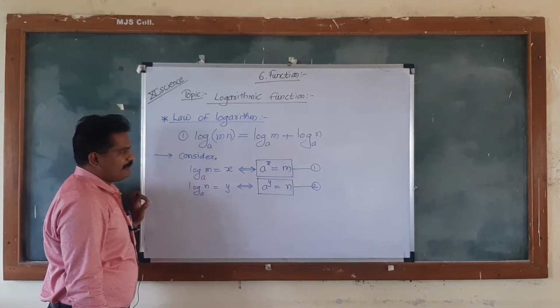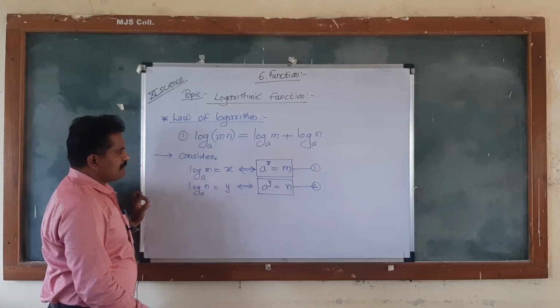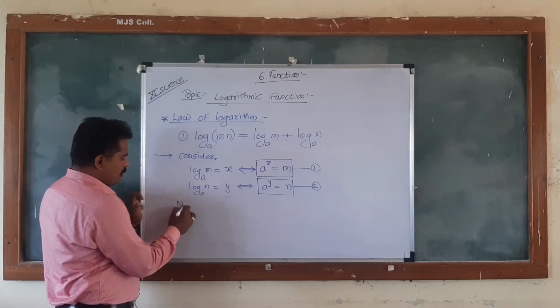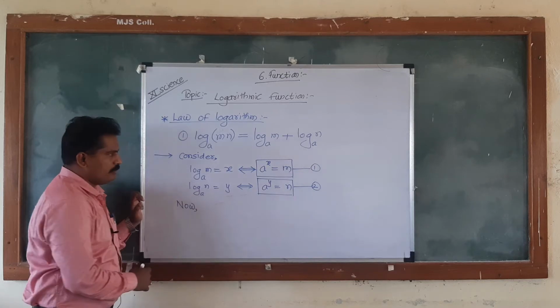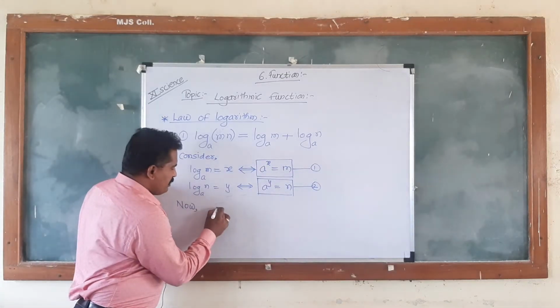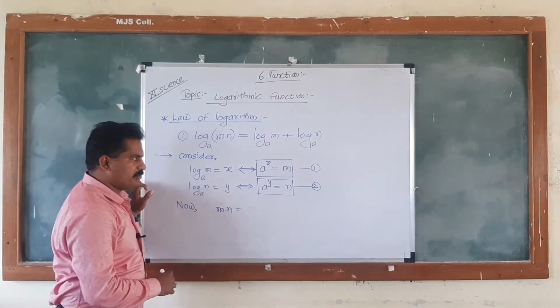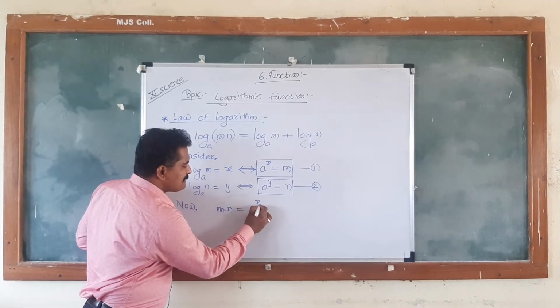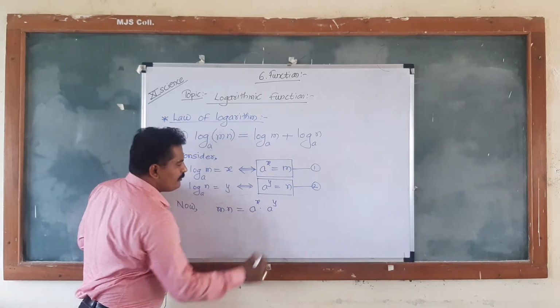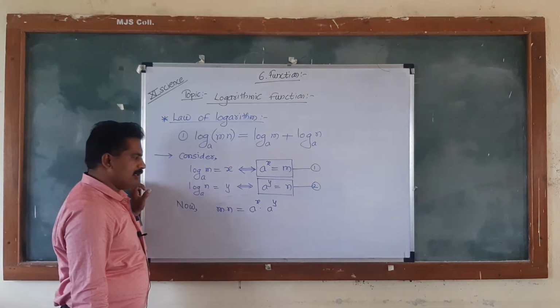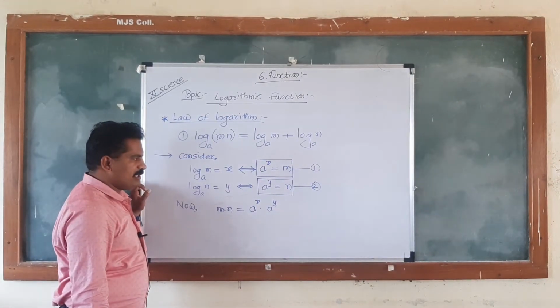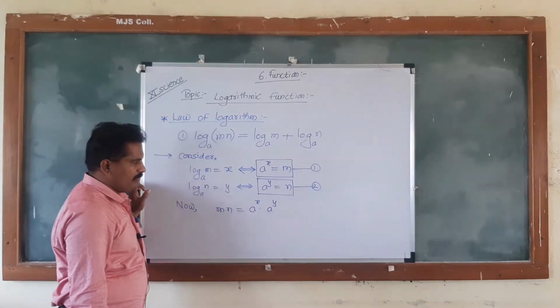Therefore, m into n is equal to a raised to x into a raised to y.